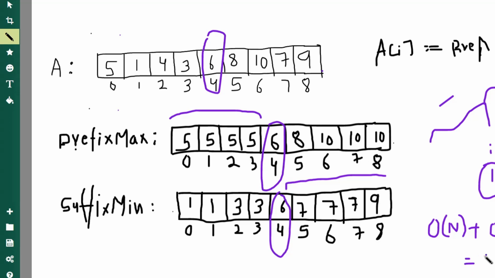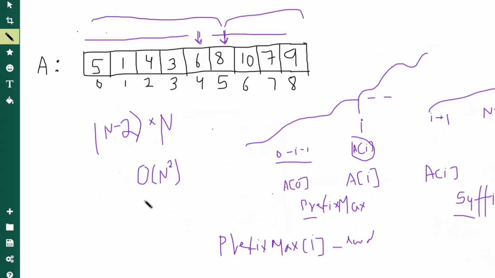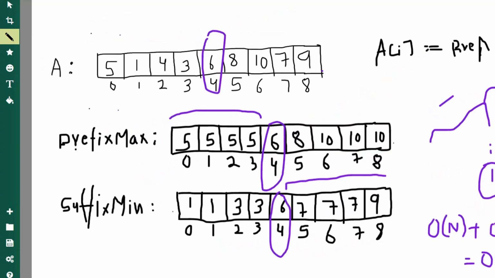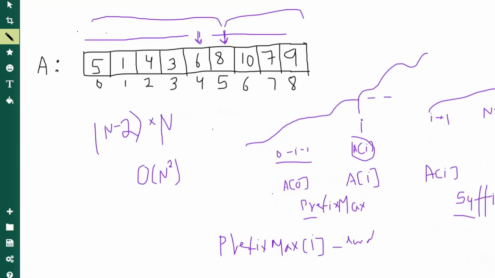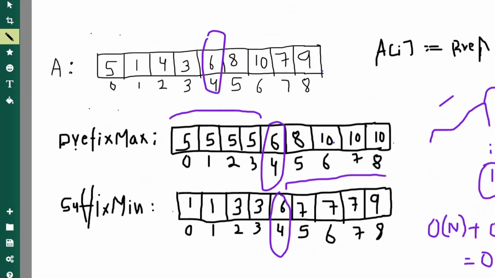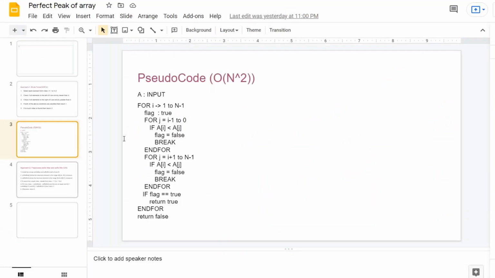So basically it gives us a complexity of O of 3n, which is linear time complexity, much better than the previous approach which was quadratic. So this is the optimal solution to the given problem. And let's see the algorithm.